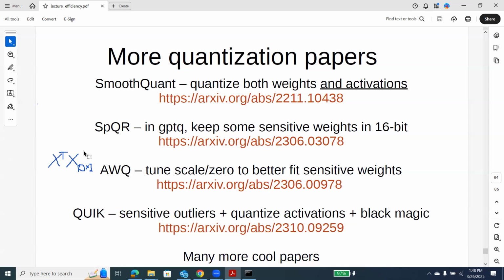Okay, so this is the end of the theory, and next time we will do code in practice and quantize numbers in float16 to 8 or 4 int.